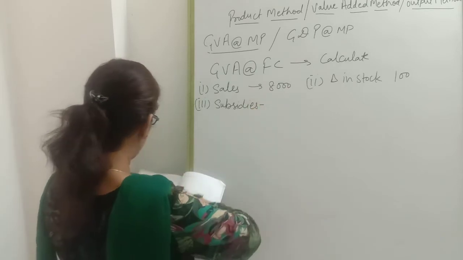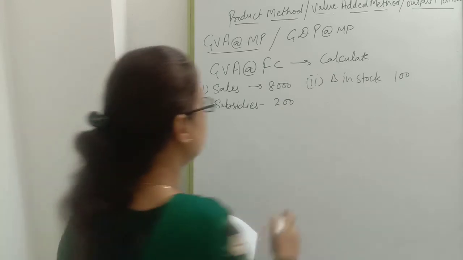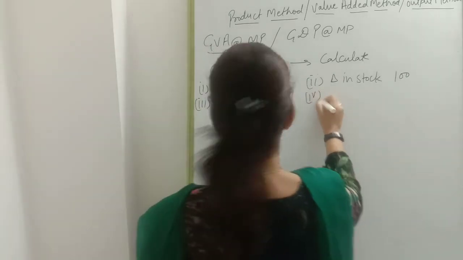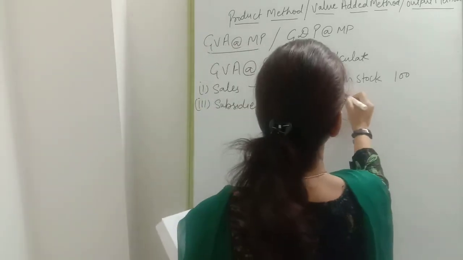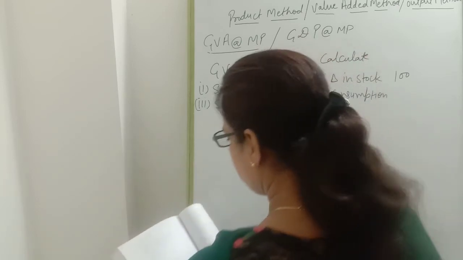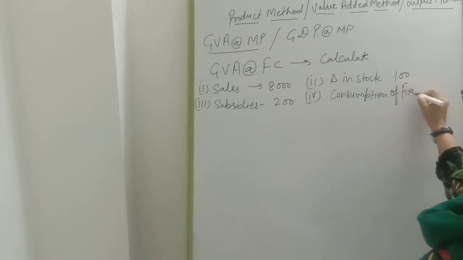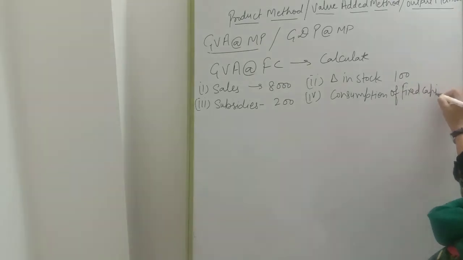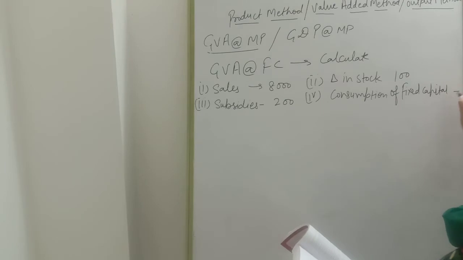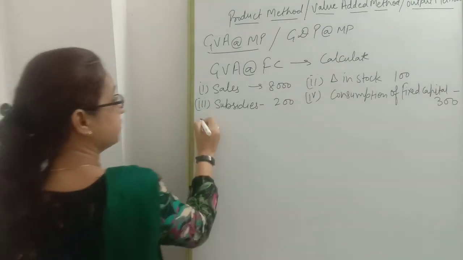That is 200. Fourth, consumption of fixed capital. That is 300. Intermediate consumption.